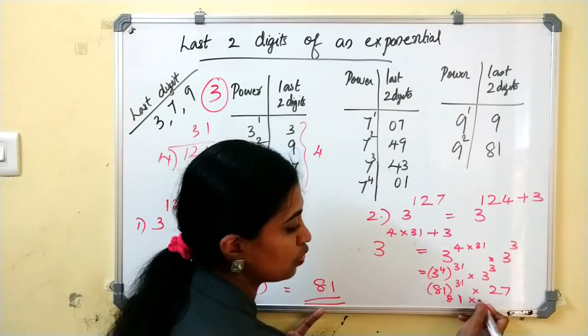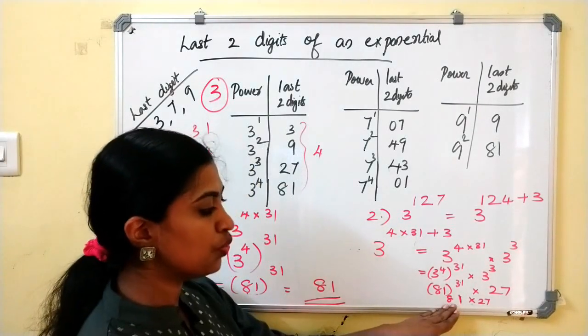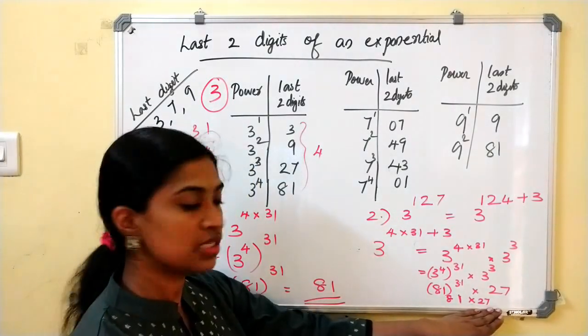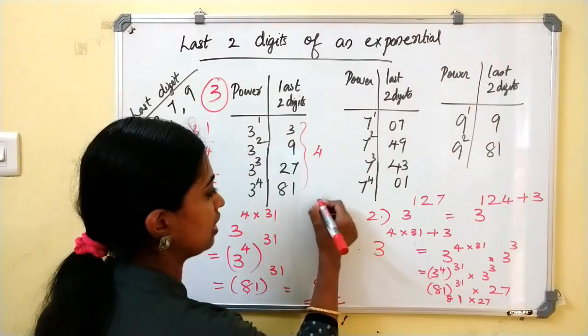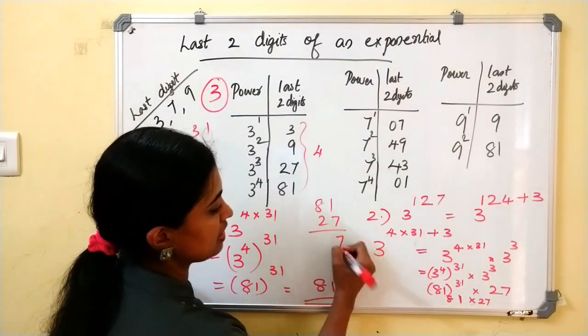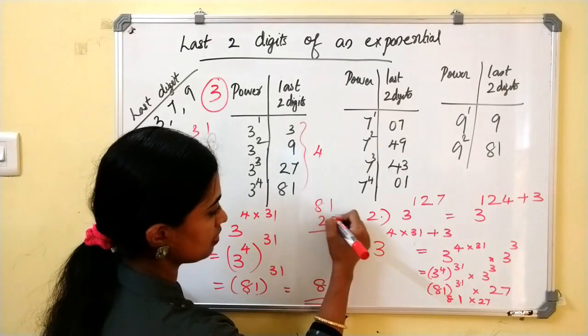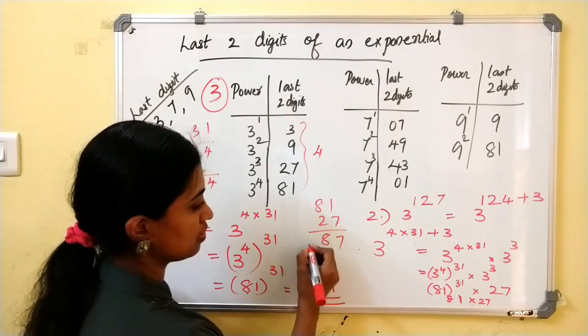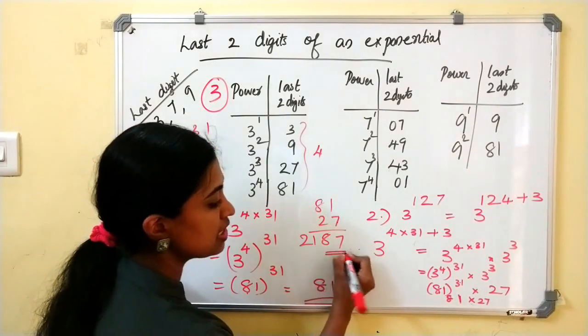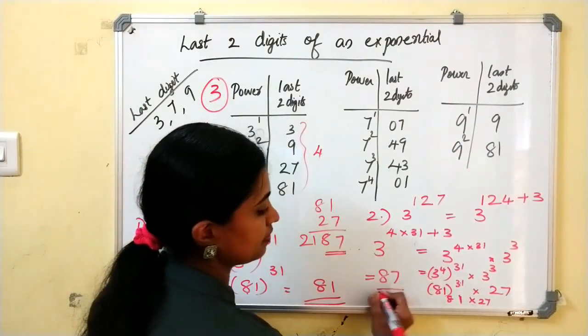So 81 into 27. The last 2 digits of this product gives the ending digits of 3 raised to 127. What is 81 into 27? 1 into 7 is 7. 8 into 7 is 56, plus 2 is 58, 5, 21. So the ending digits are 87.